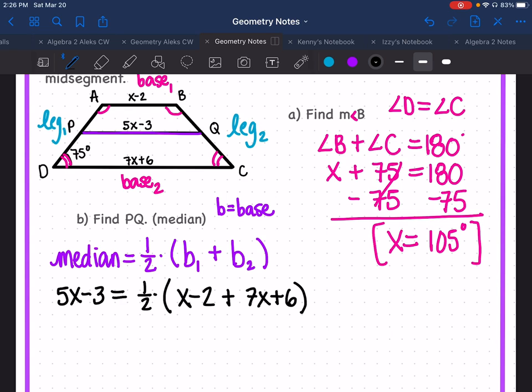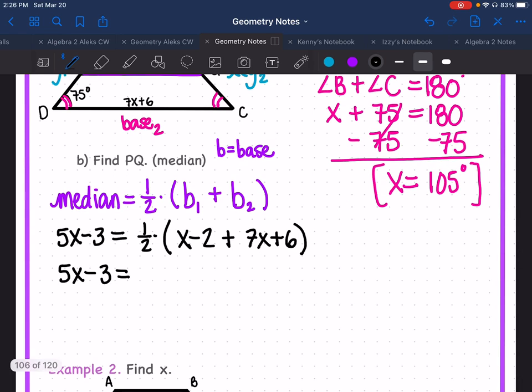I would go ahead and combine everything in the middle. I'm going to combine everything inside the parentheses first because I might be able to distribute that half to it and take care of it.